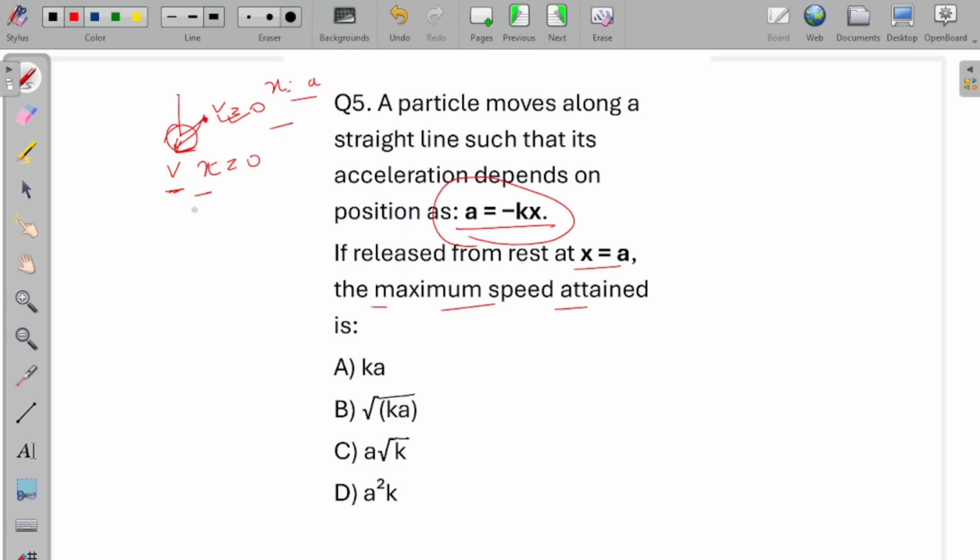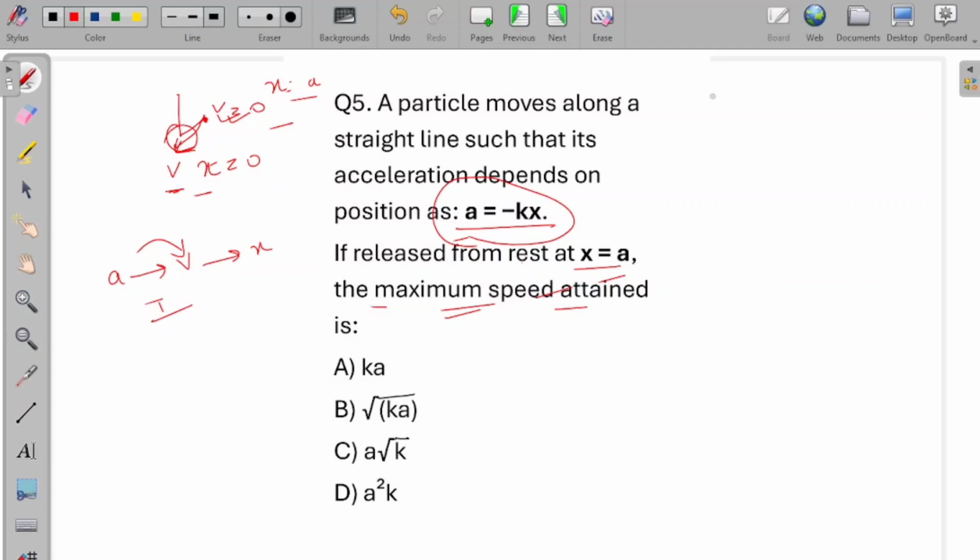Now we will use this to simplify this question and get the answer. We have to find maximum speed attained, and expression for acceleration is given. I just explained when we go from a to v and v to x, we use integration. So we will be using integration as we are going from a to v, right?